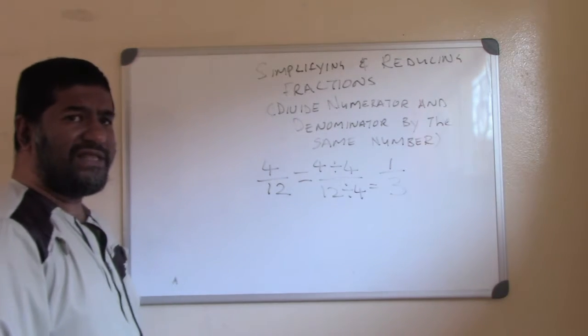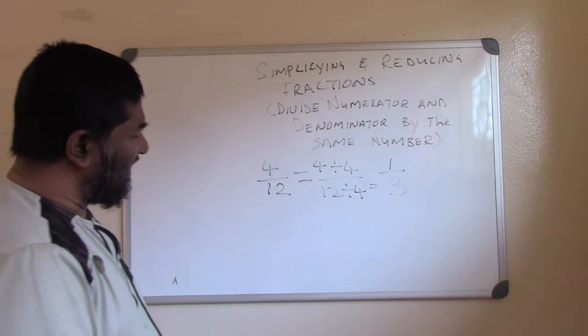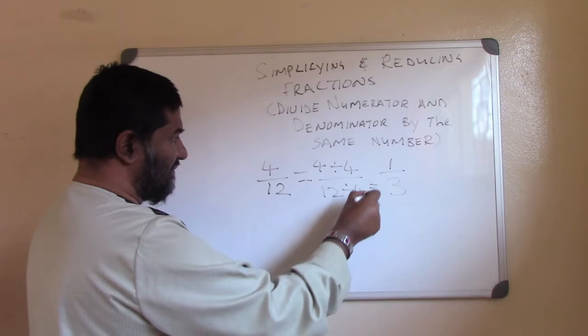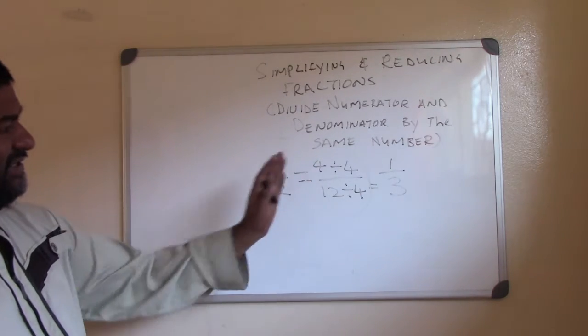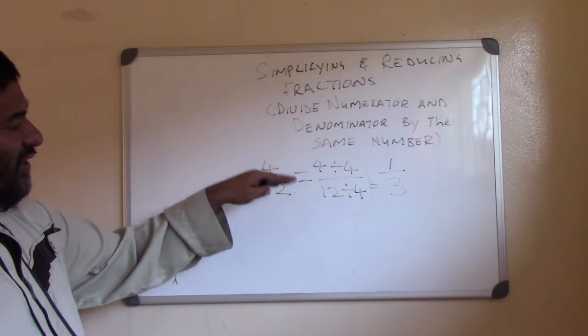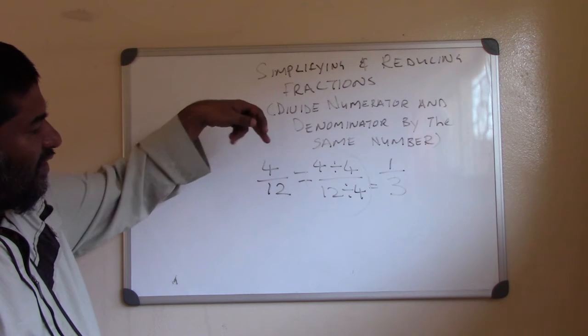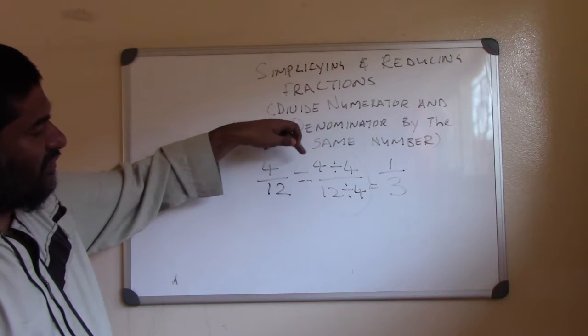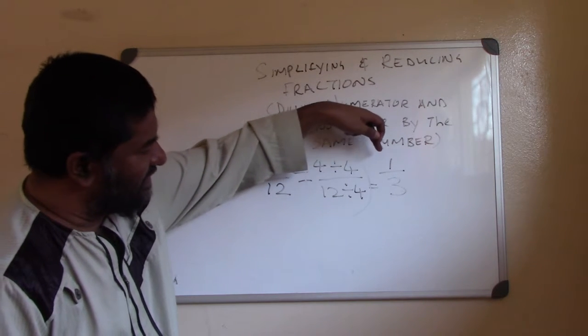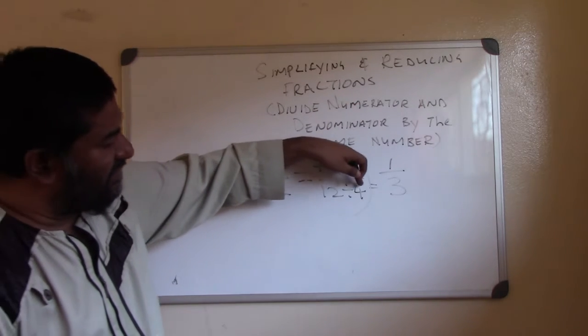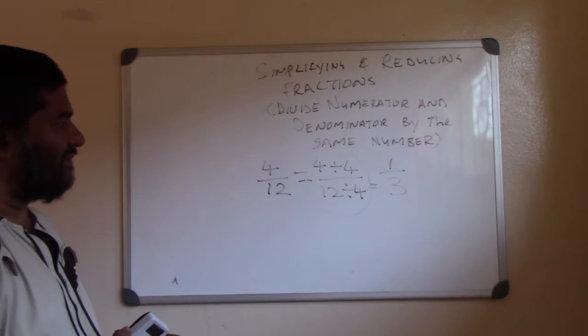My answer is 1/3, but the second step can be skipped. You don't have to put the second step. I'm just showing you exactly what we are doing. So 4 over 12 would equal 4 divided by 4, which gives us 1, and 12 divided by 4 gives us 3.